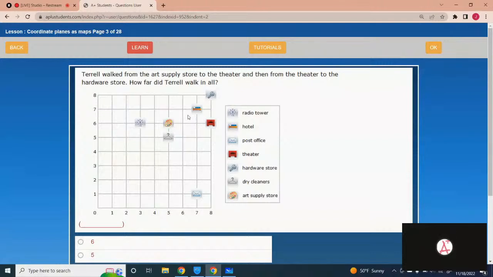You can see here, this is the art supply store. So from here to here, he traveled 1, 2, 3 units, isn't it? Yes, very good. So the total distance is 5 units. Got it?